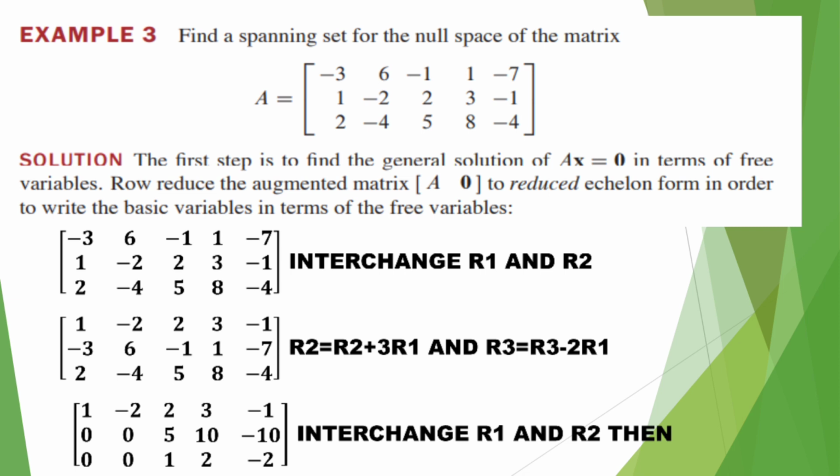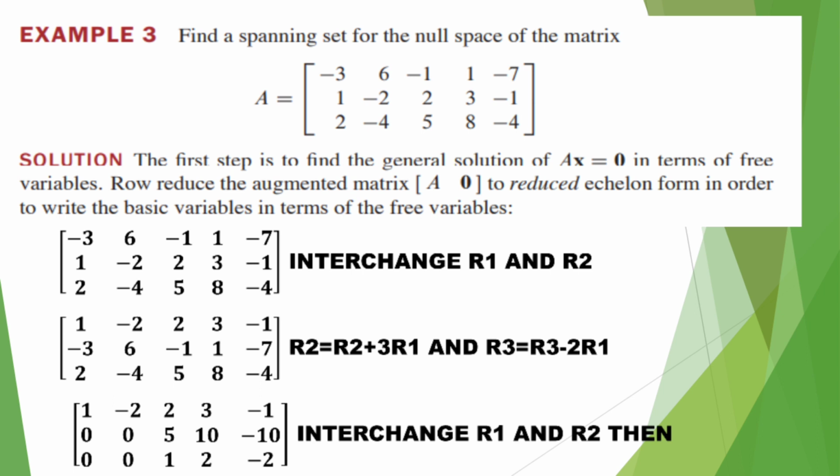The matrix A is reduced to upper triangular form, which is called echelon form, using matrix row operations. Once we get the upper triangular form, we again write the equation Ax equals 0 bar.